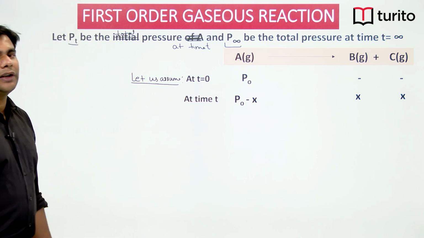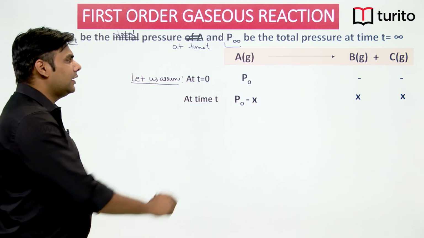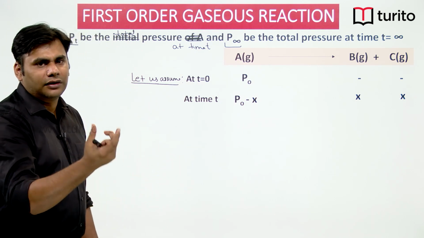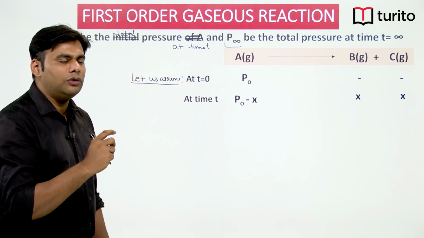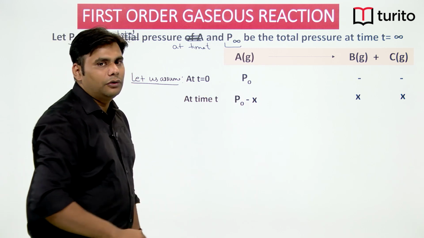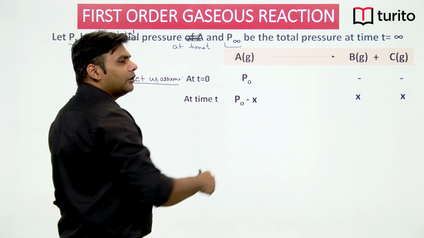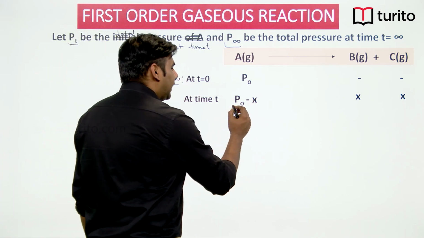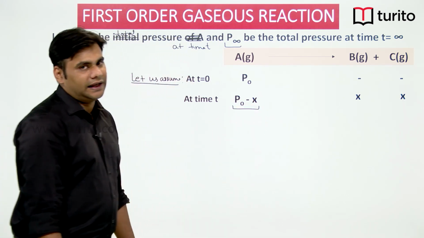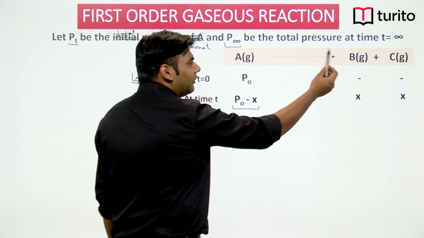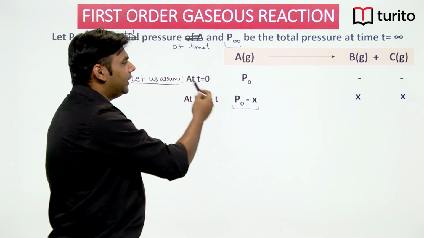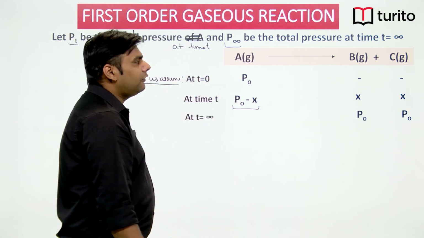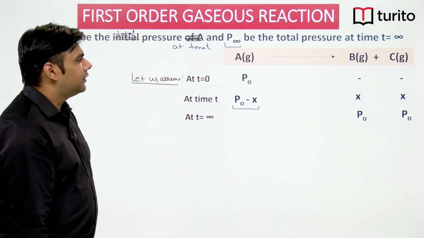After some time t, when the reaction has occurred, the amount of A reacted is some n moles, which corresponds to X pressure. So X atm or X mm of Hg has reacted. After time t we will be left with P naught minus X. Now 1 mole of this forms 1 mole of B and 1 mole of C, so the X pressure that reacted would form X pressure of B and X pressure of C.